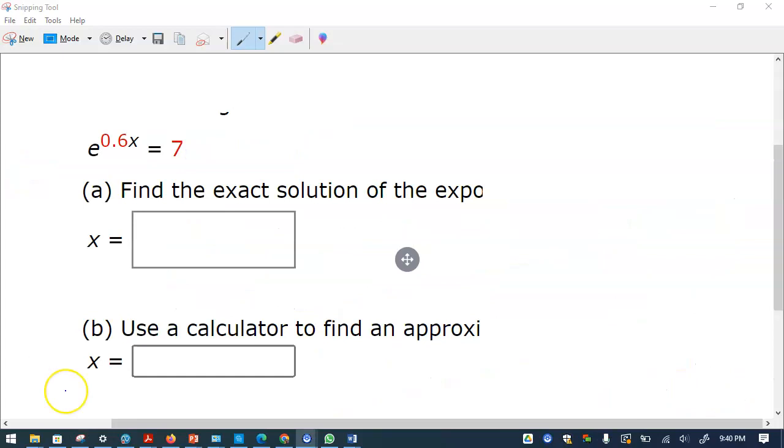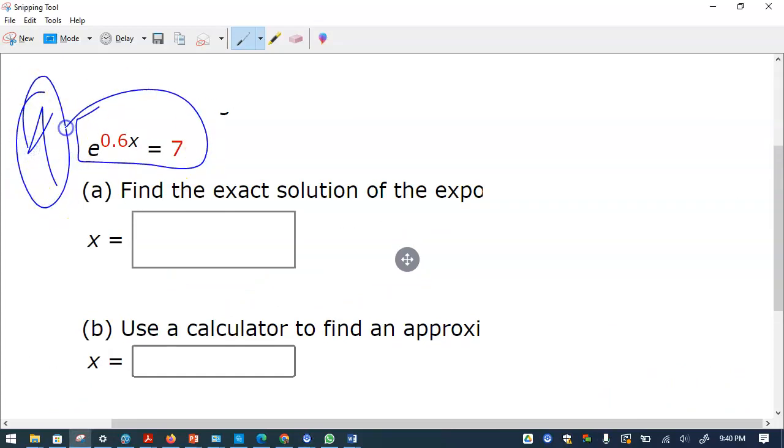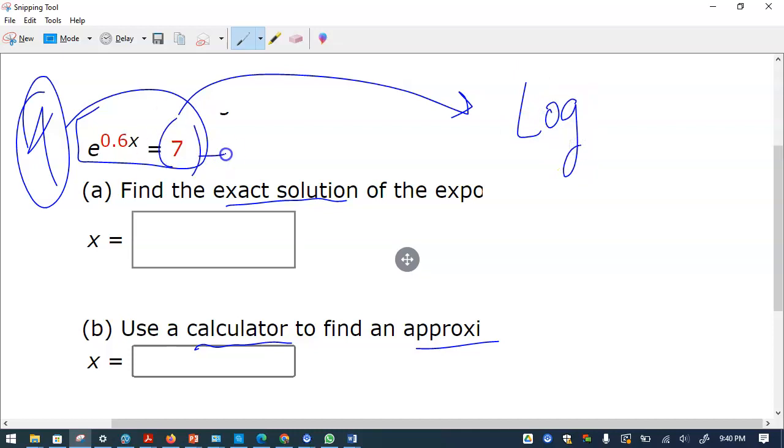Problem number 4: they gave you this form, but the question is what is the exact solution, and then using the calculator, find the approximate. So all you do is change this to the logarithmic form. So this is logarithmic of the output, which is right here, becomes the input 7, and the input right here becomes the output.